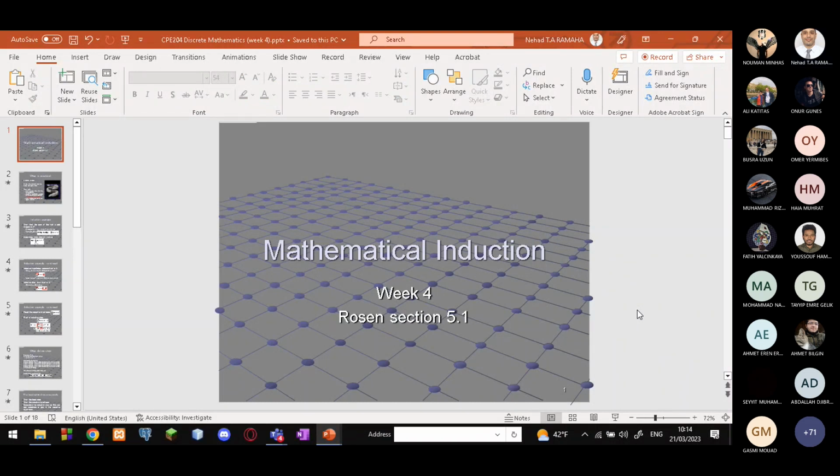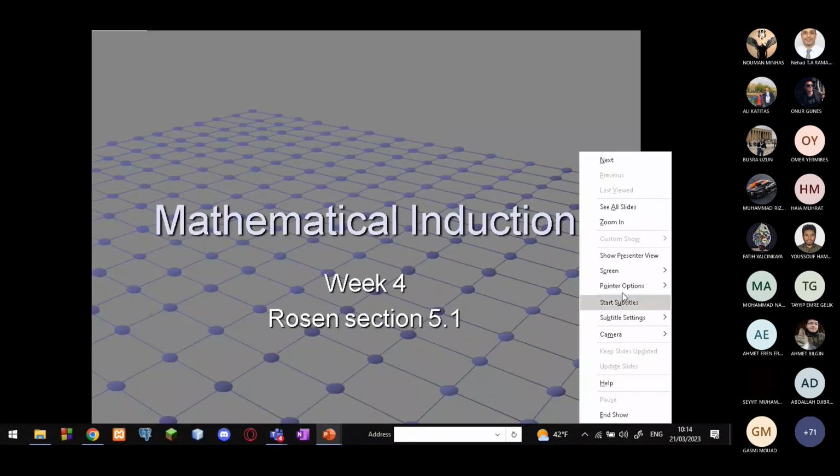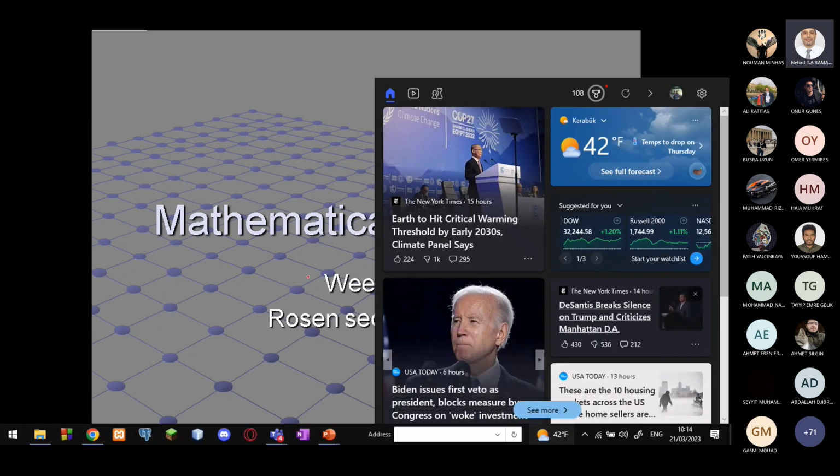You remember the recursive function. It uses the idea of mathematical induction. Mathematical induction is like recursion.